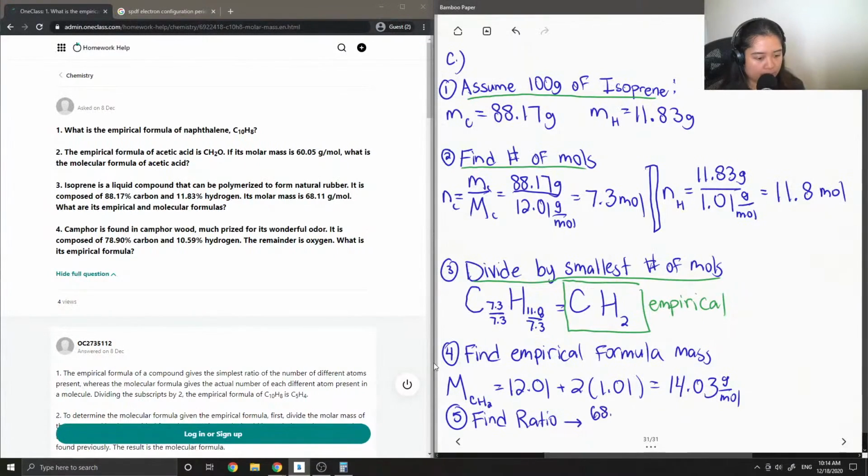So 68.11 divided by 14.03. Again, we want to round to the nearest whole number, which is 5. So now, if we multiply our empirical formula by 5, we end up with C5H10.